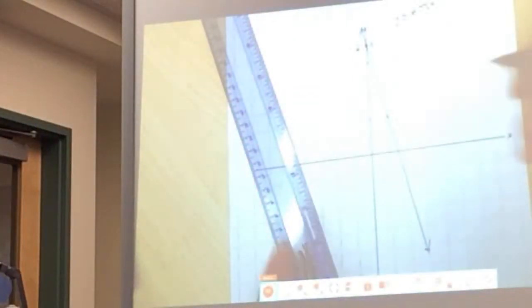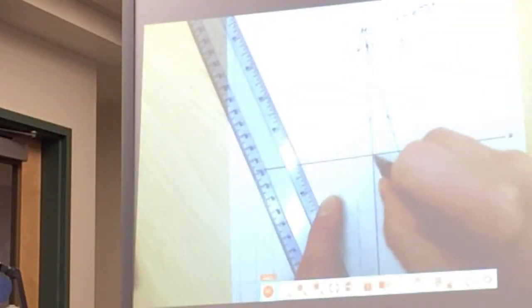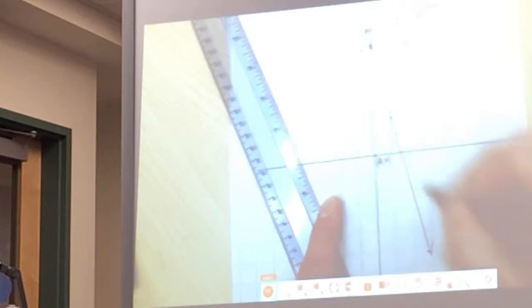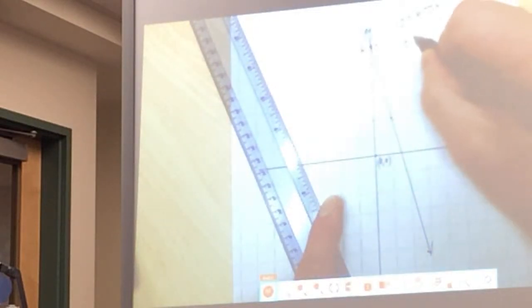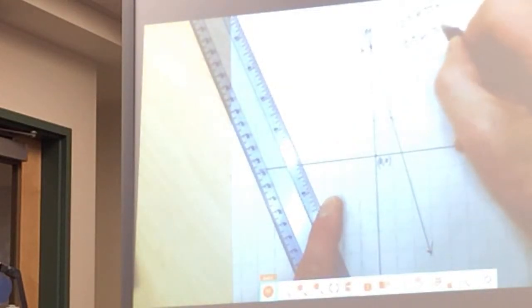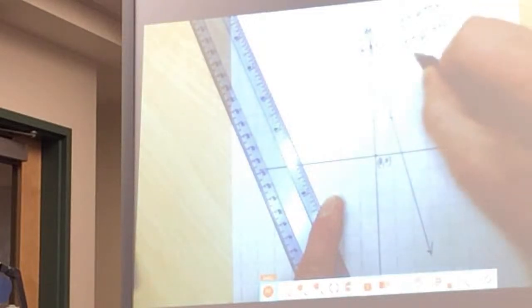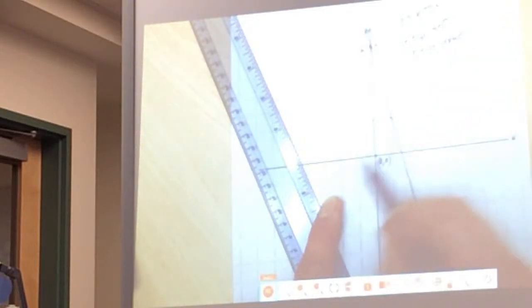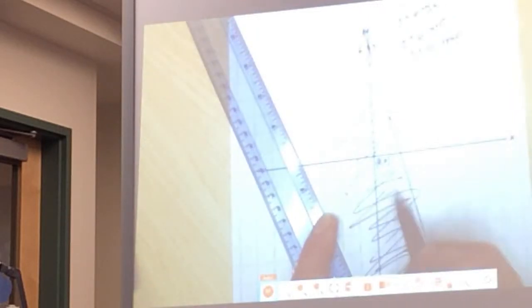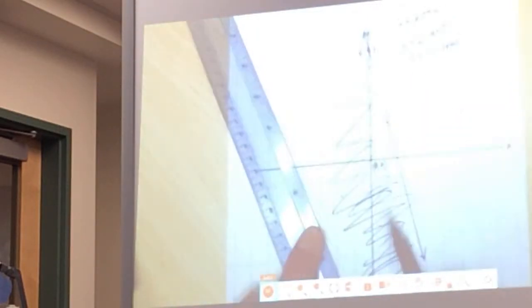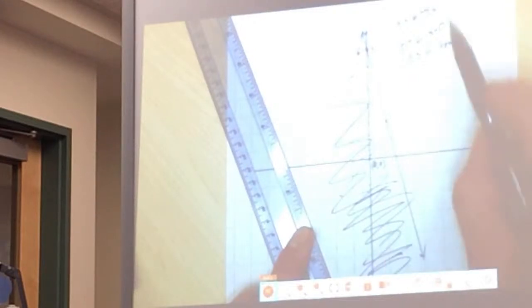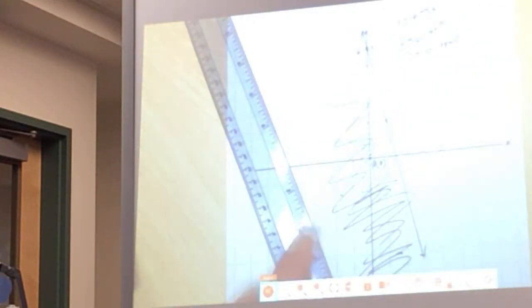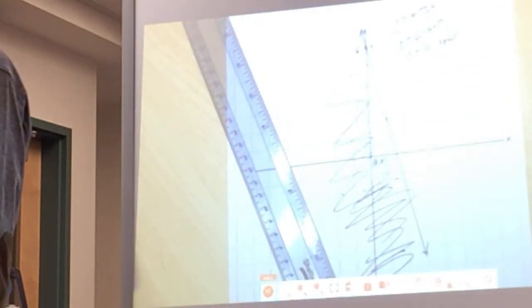So I'm saying this point, which is 0, 0, is going to be put into here to see if it's true or not. And if it's true, there's your shading. So if any one of these points that's out here would work in that equation.